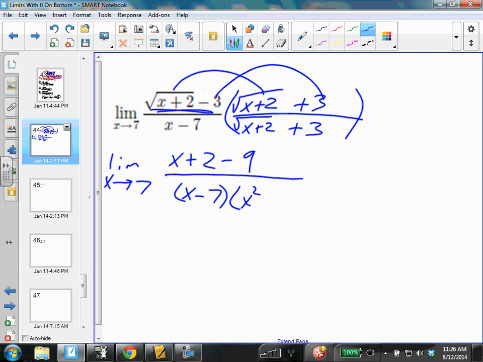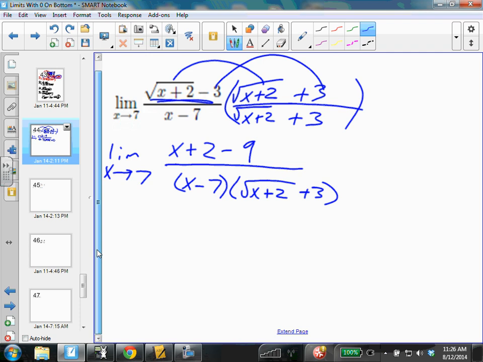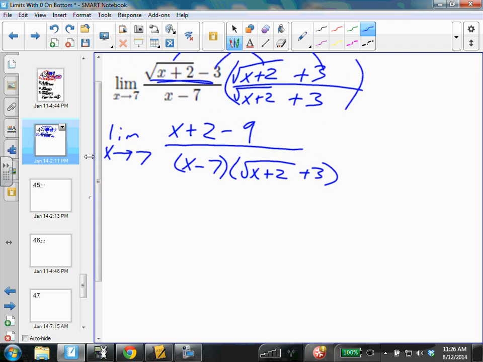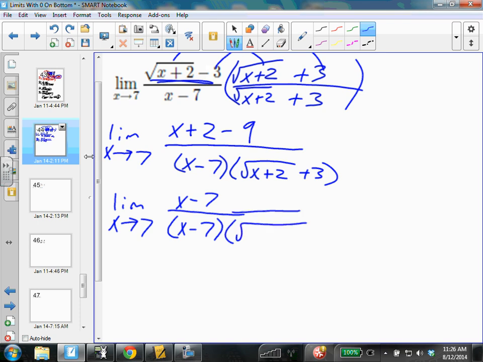So the square root, x minus 7 over x minus 7 times the square root of x plus 2 plus 3.